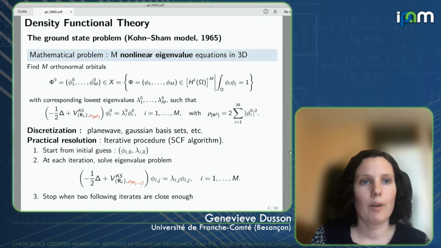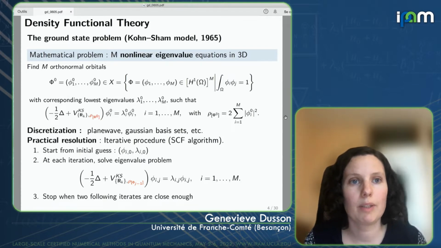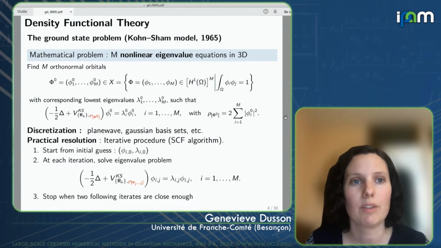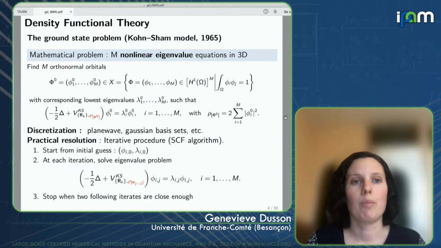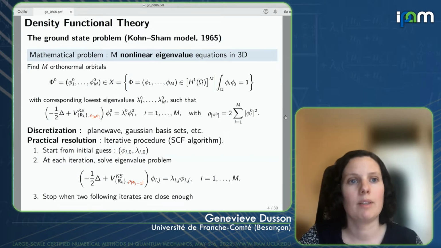Okay, I'm sure most of you know all of this, but the problem I am interested in for this presentation is the ground state problem using the Kohn-Sham model. This problem is a minimization problem under constraints.